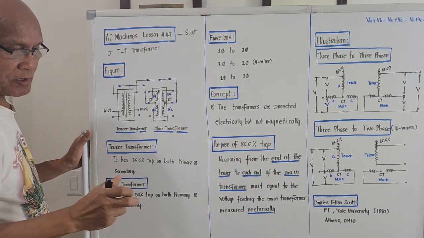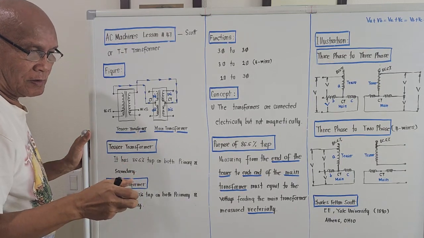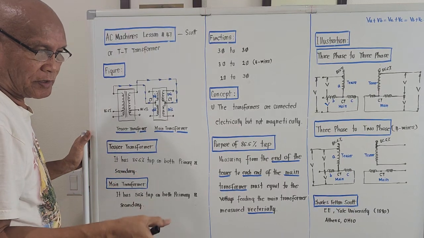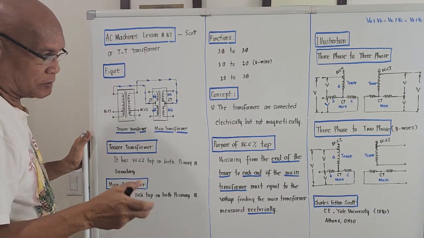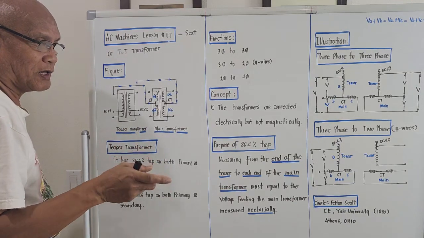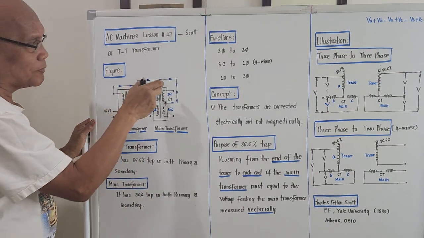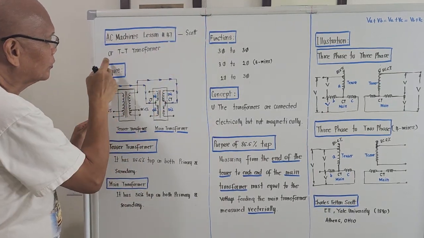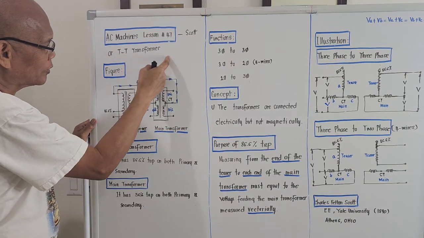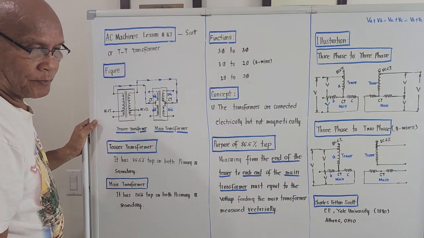After this I might be discussing the concepts of alternators and the so-called power generation. For tonight, I will be discussing one of the last two topics under transformers, the Scott, or capital T-T transformer, the so-called TT transformer.